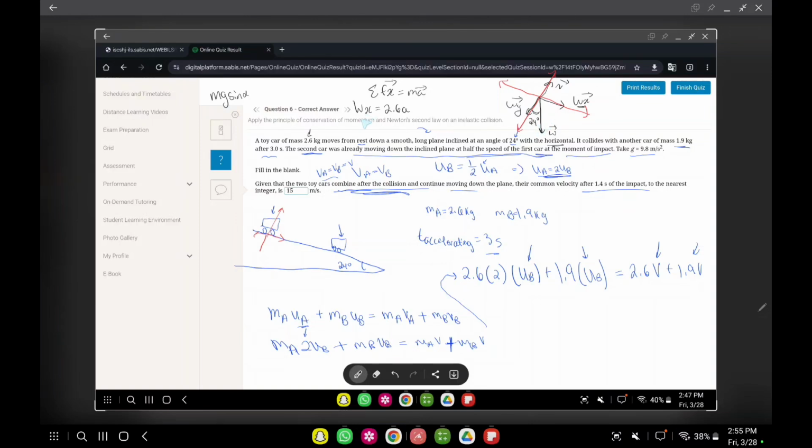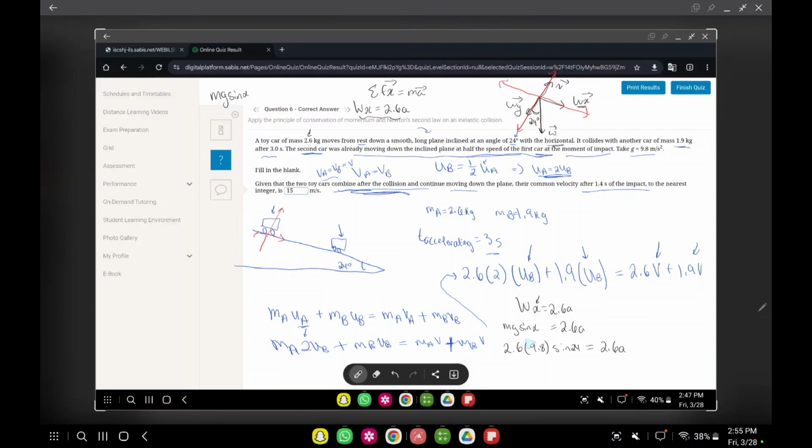Okay, I'm going to continue this. I'm going to go here. Wx is mg sine alpha, right? The weight is W. Since it's the x component, you want to find the horizontal component, you do sine, since the angle is with the vertical, right? So mg sine alpha is equal to 2.6 times 9.8 times sine 24, the mass is 2.6, g is 9.8, alpha is 24 degrees, equals 2.6a.